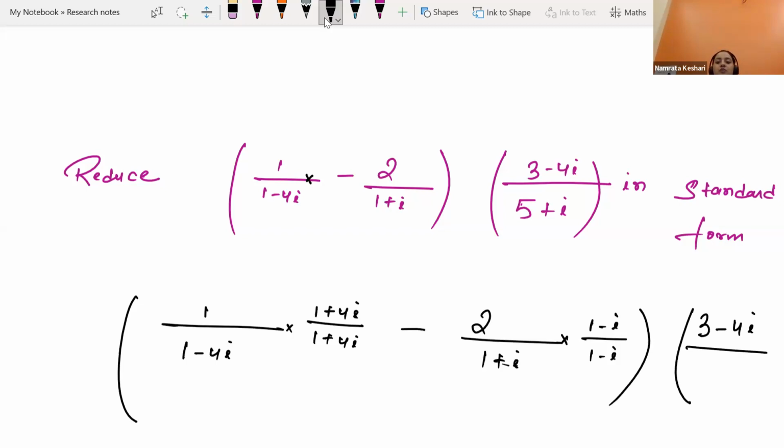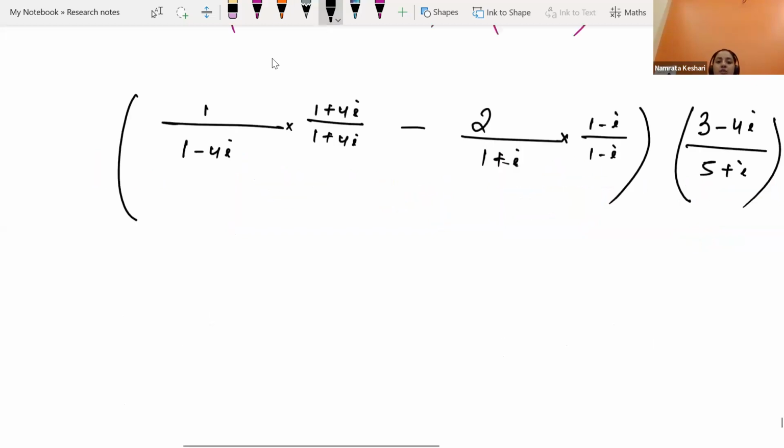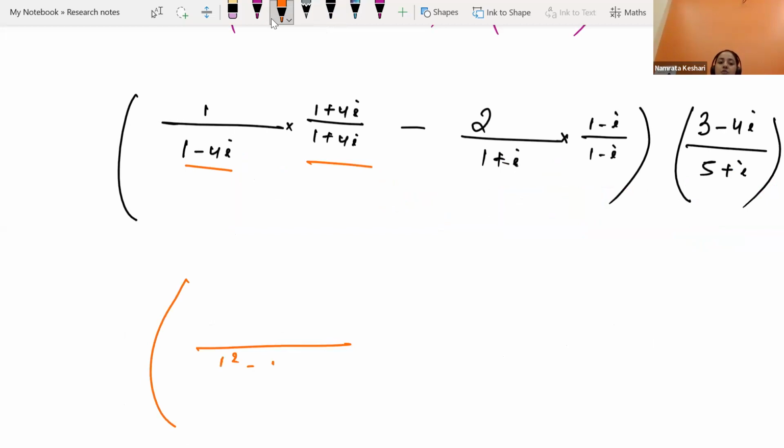At first we can focus on solving the bracket term, the first bracket. If you do this step, then you will see that a minus b, a plus b we have created purposefully. It is a square minus b square, and in the numerator just 1 plus 4i is there.